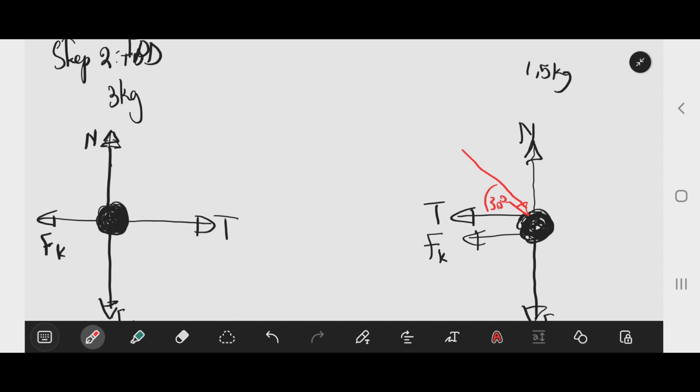So we can also draw this applied force starting from the free body diagram. We draw it like that. So that would be our applied force, and remember this is our horizontal. Okay, and as you can see, this angle would be 30 degrees since opposite angles are equal. So that is our free body diagram for the 1.5 kg.